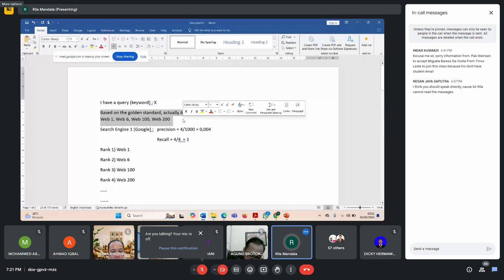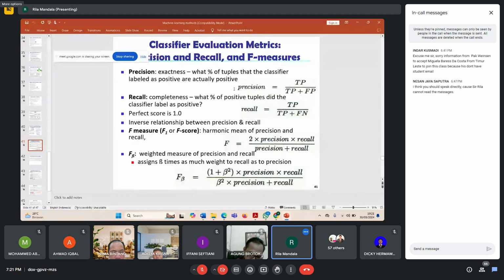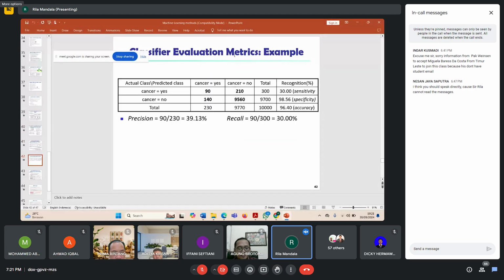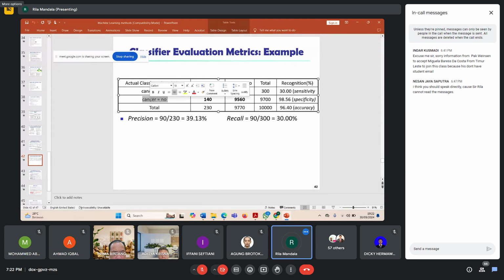Just like in my slide, in this example, this is the golden standard: 300 actually got cancer, 9,700 actually don't get cancer.